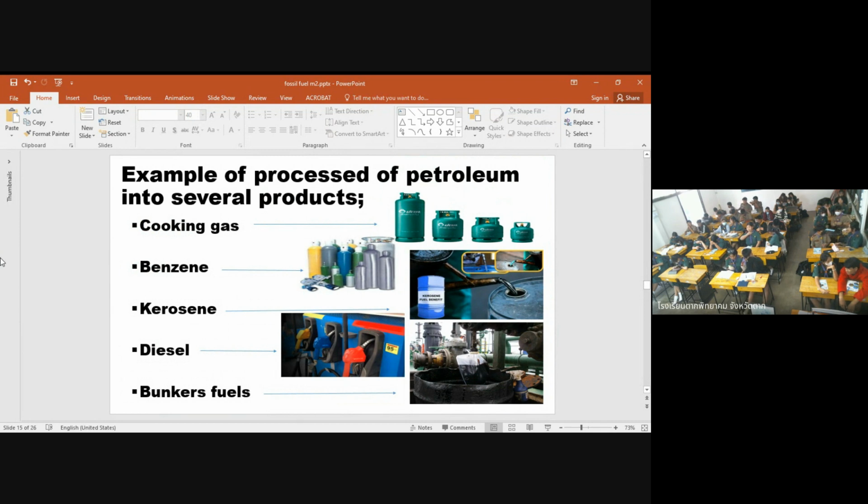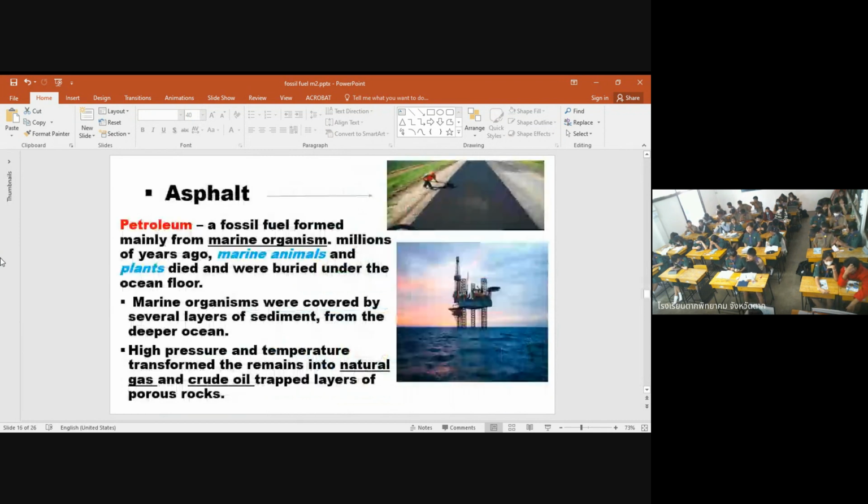Next, we have petroleum, a fossil fuel formed mainly from marine organisms. When we say marine, it means in the ocean. Millions of years ago, marine animals and plants died and were buried under the ocean floor, deep in the ocean.